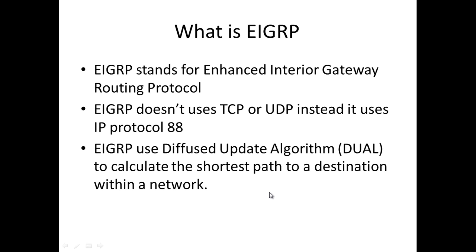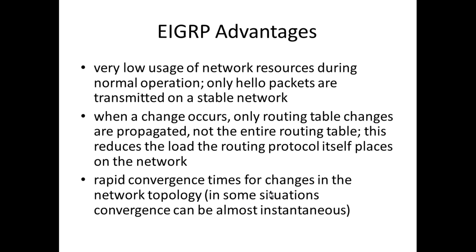EIGRP uses a protocol called diffusing update algorithm to calculate the shortest path to the destination within the network. So EIGRP, we can say it's a mixture between the distance vector and the link state protocols.